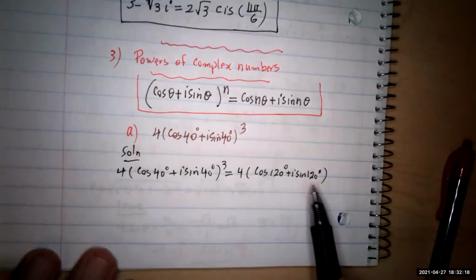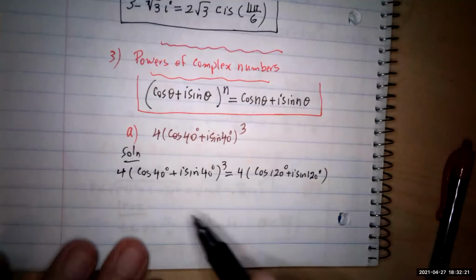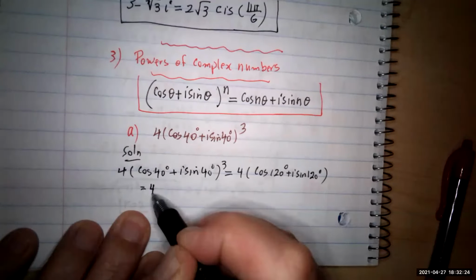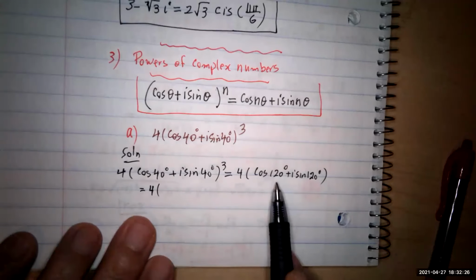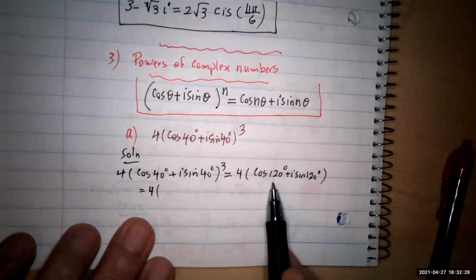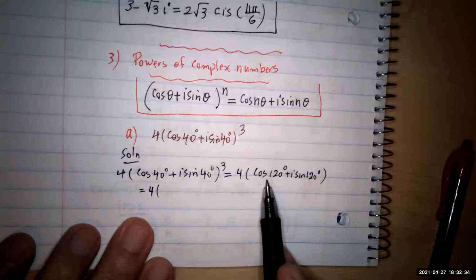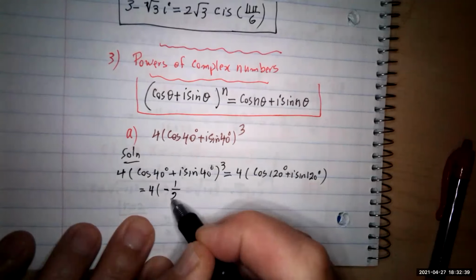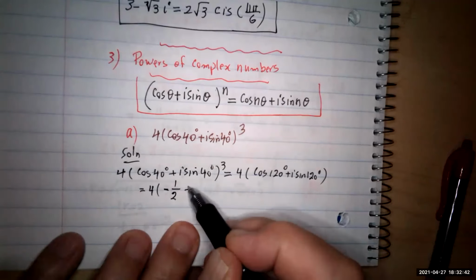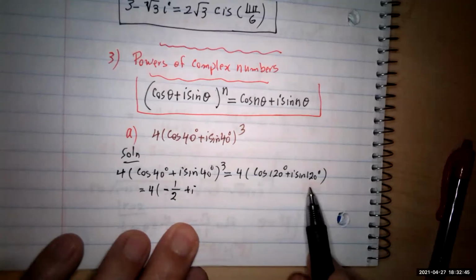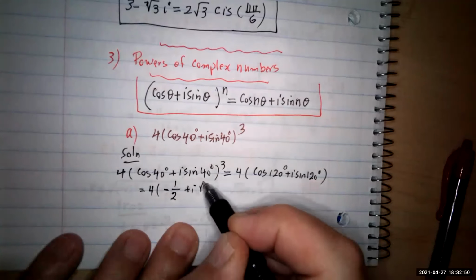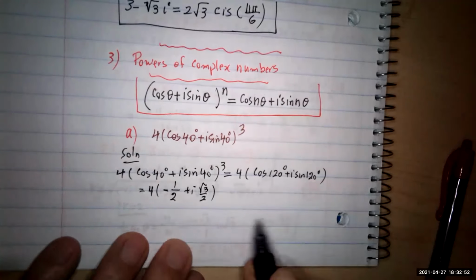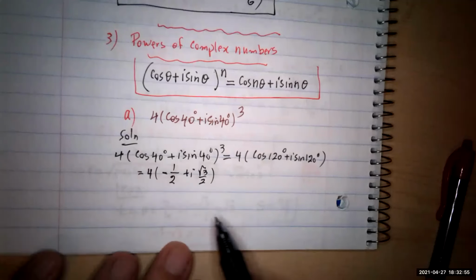Now you are going to simplify it for us. You can use your table if you like to find these, or just do it. Cosine of 120 degrees is like the cosine of 60 degrees, but negative. The cosine of 60 degrees is 1/2, so it's negative 1/2, plus i times sine of 60 degrees, which is radical 3 over 2.